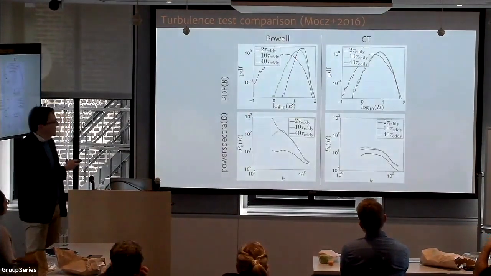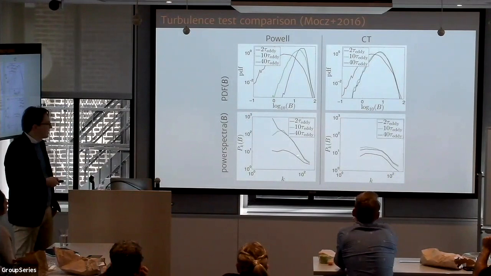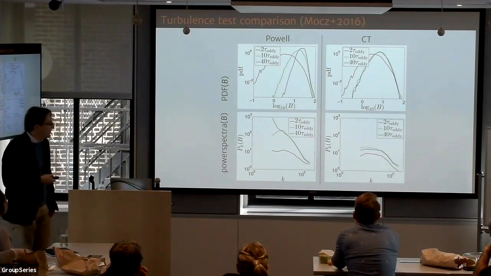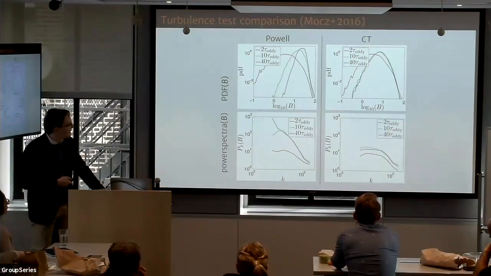We can also test this. You could see it by eye in the previous slide. You can also test for the convergence of the power spectra. When you have the cleaning scheme, you actually add a lot of large physical scale, small k, power in your solution that does not converge.